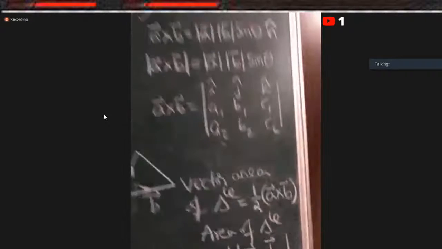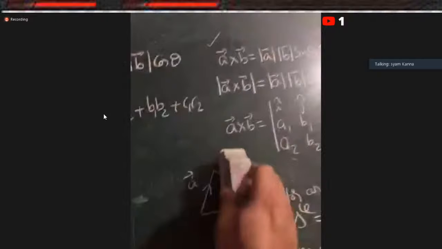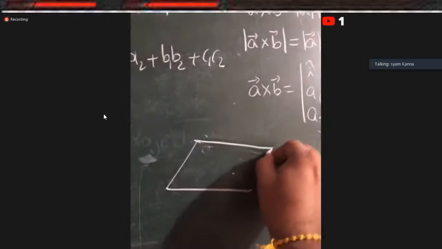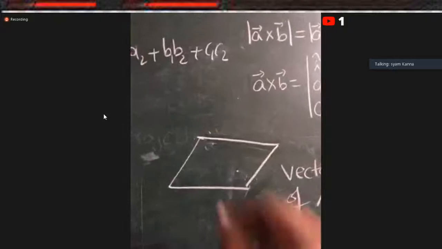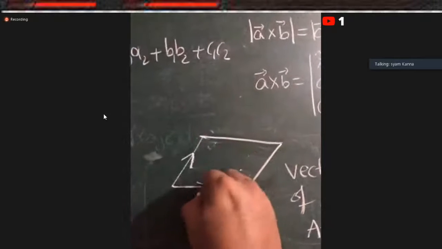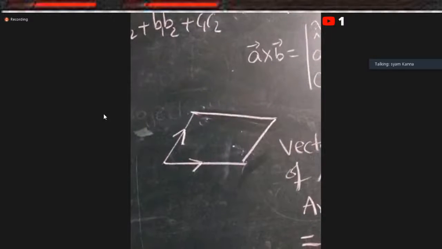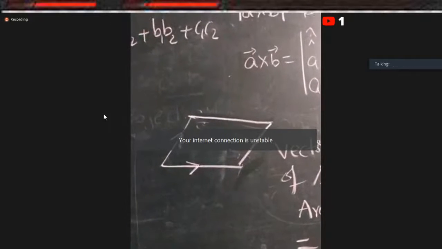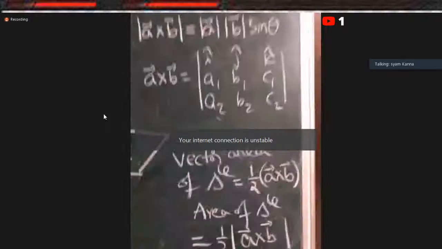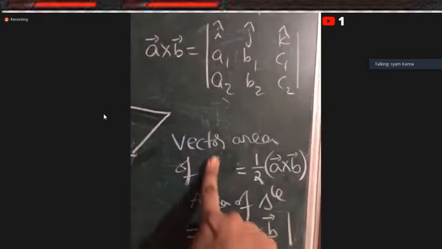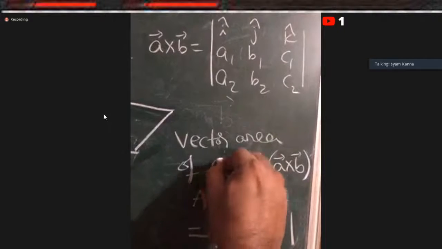Next, parallelogram. Suppose two adjacent sides of a parallelogram are given to you as A bar and B bar. Then how to find the vector area and the area of the parallelogram?